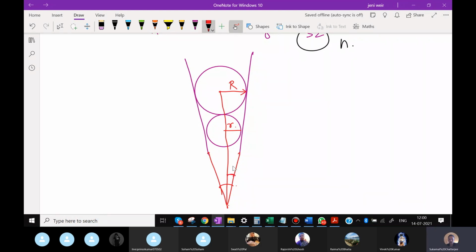So if I consider this angle to be theta, I just equate the two similar triangles. So R by r will be equal to the distance. Let's say this is x, this is p q, right? So R by r will be px by qx, right? Yes, sir.